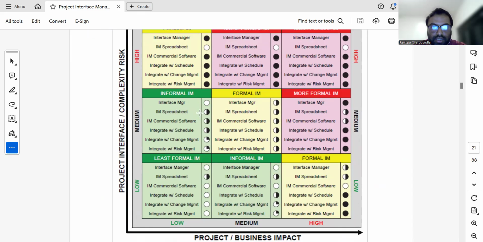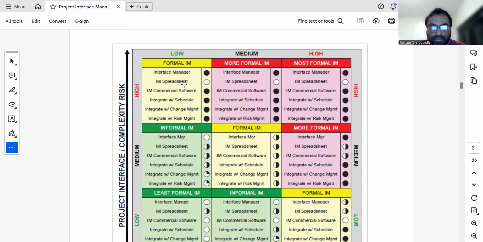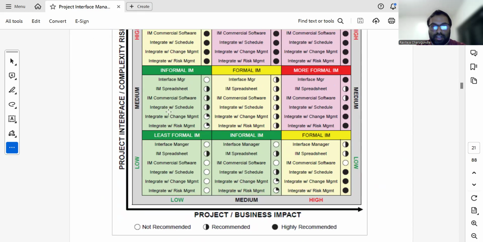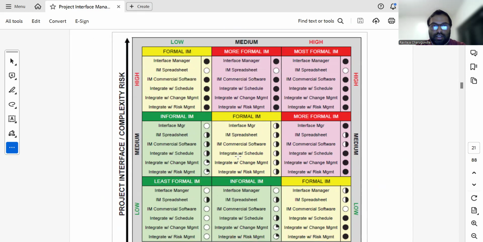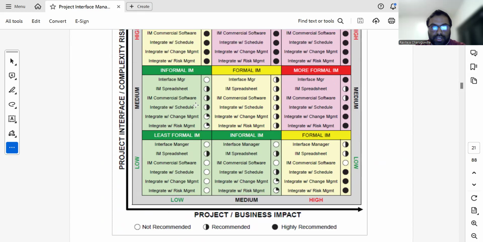Let's say it's the formal IM, so the spreadsheet is not recommended, because the business impact is high. Here in the formal IM, the spreadsheet is not recommended, but the following tools, like the project interface manager and the commercial software, are utilized. And if the business impact is medium, it's recommended.